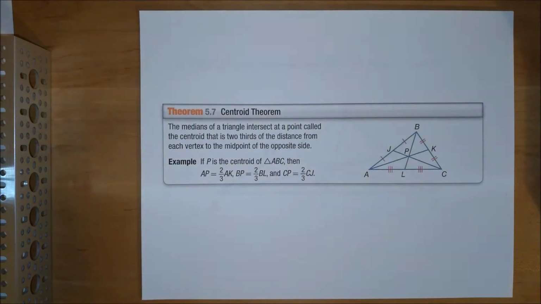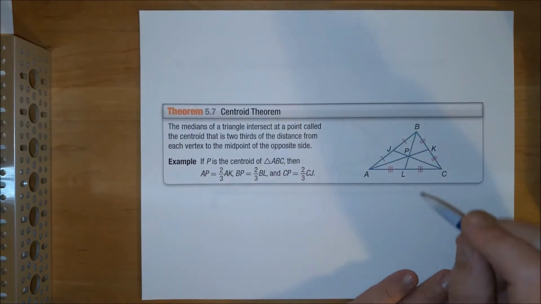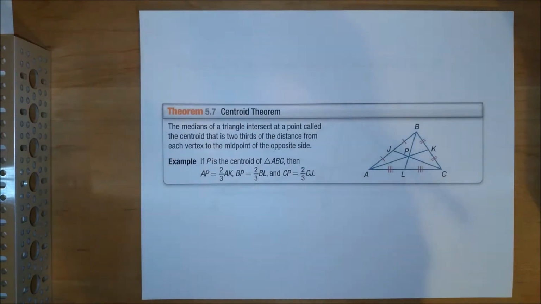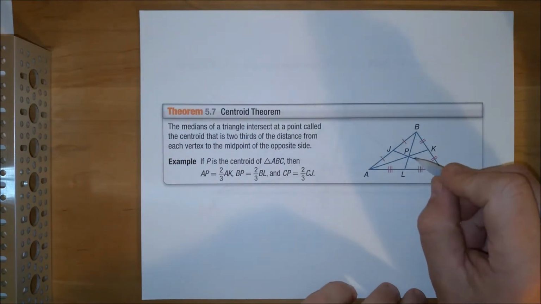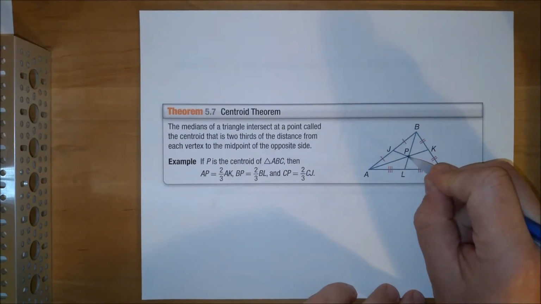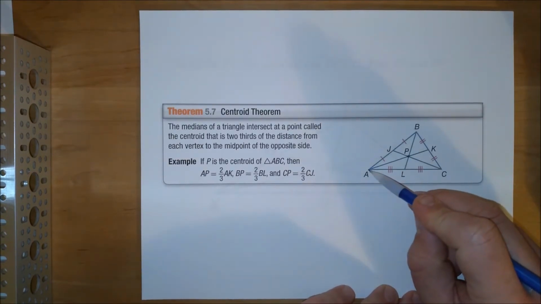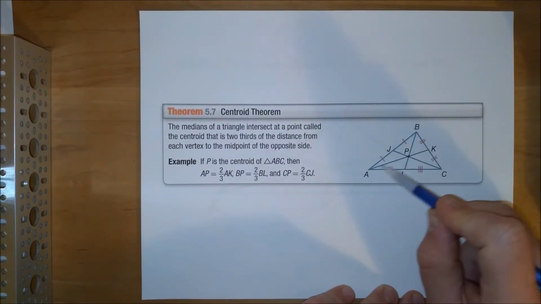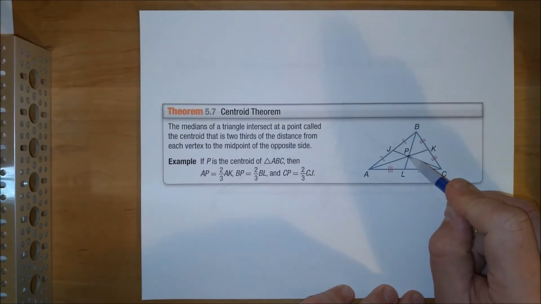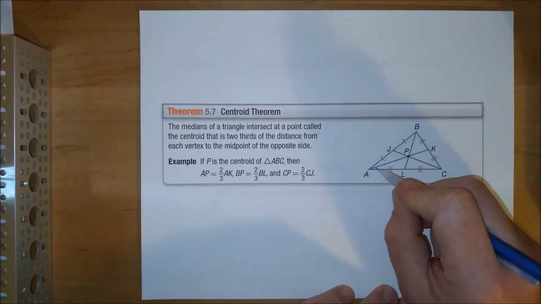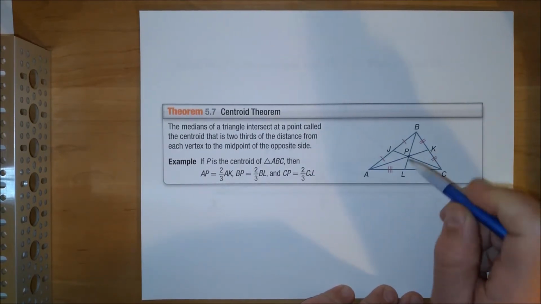Now that we know what medians and centroid are, let's take a look at our centroid theorem. There's one more interesting thing about centroid that I didn't mention. Not only is it the center of mass for a triangular shape, but it also happens that when you draw a median, such as median AK here, this centroid happens exactly 2/3 of the length along the median.